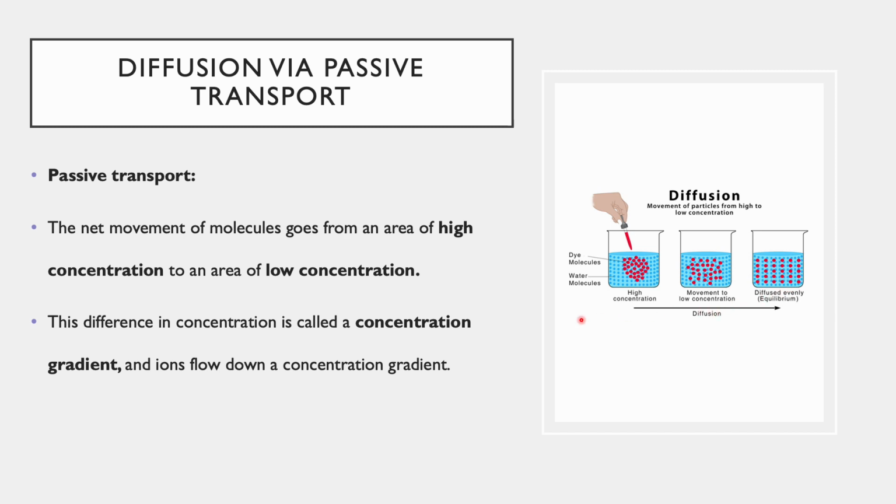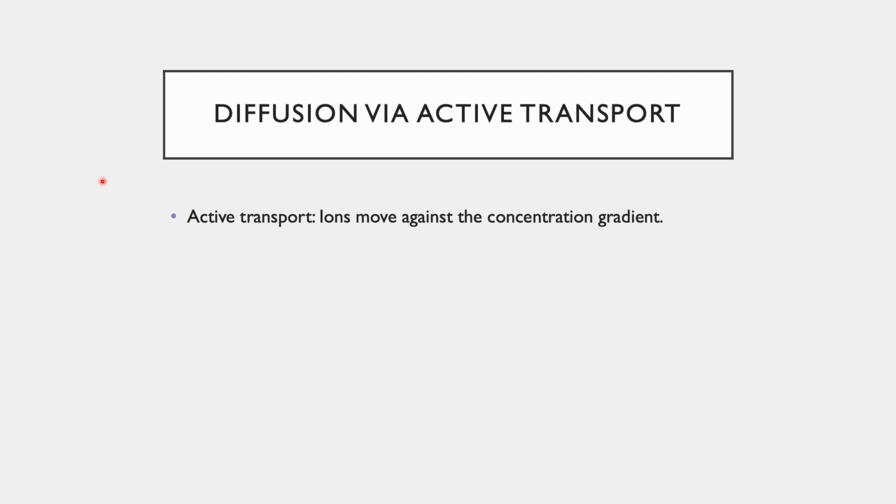This difference in concentration between the low area and high area is called a concentration gradient, and ions flow down a concentration gradient. However, active transport works in an opposite fashion, as ions actually have to move against their concentration gradient rather than with it.